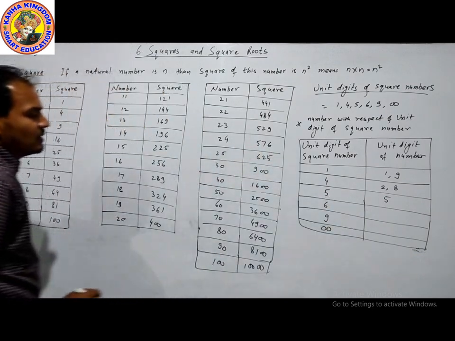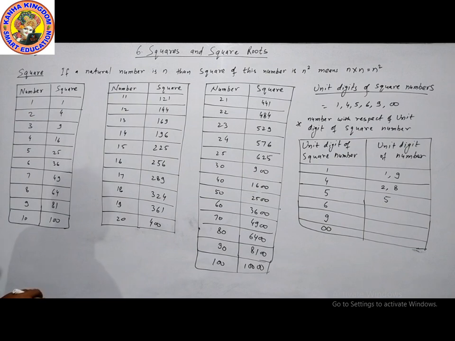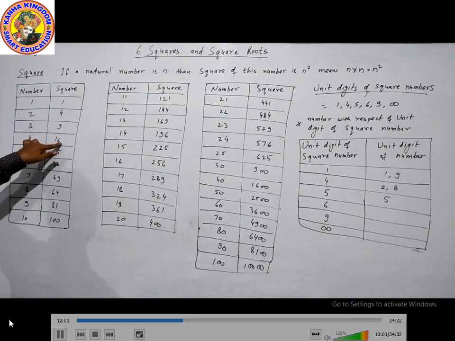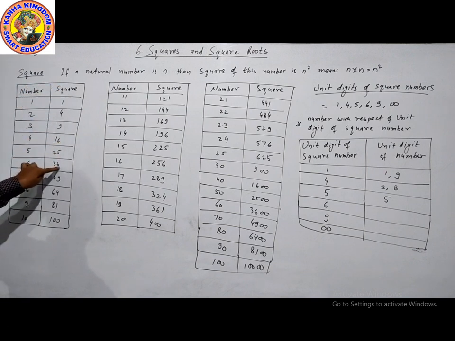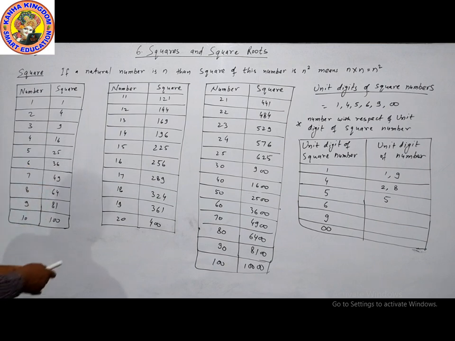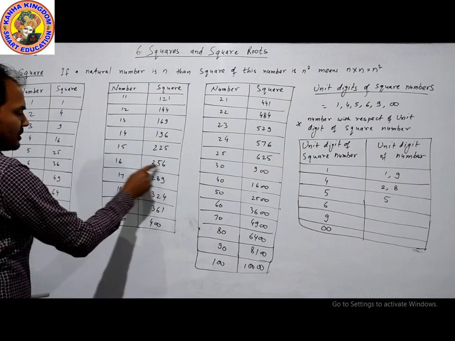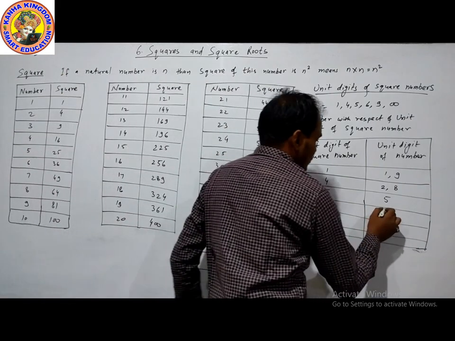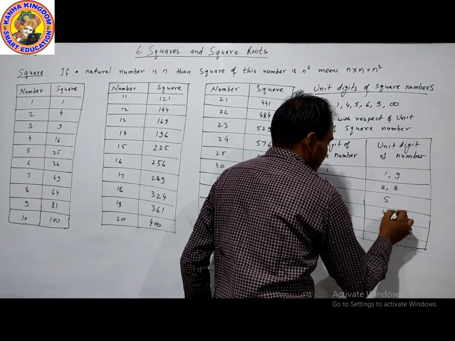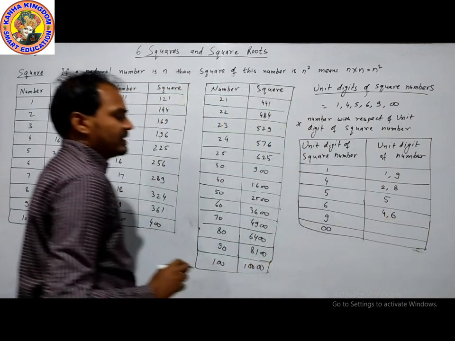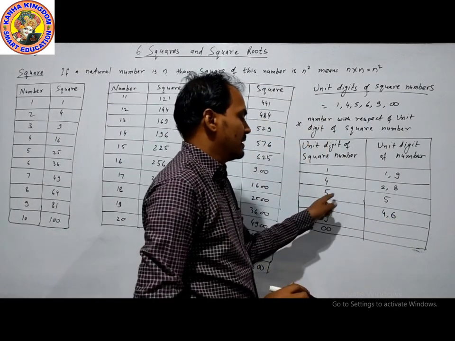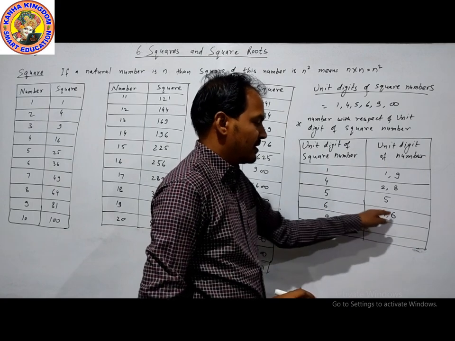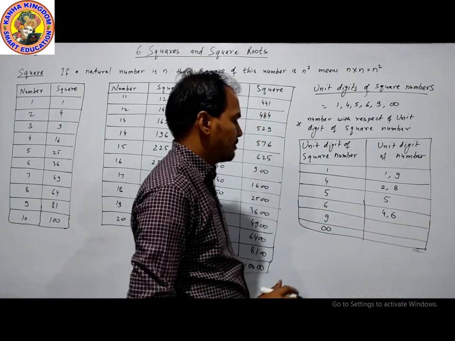How to get a unit digit of 6 in a square number? 6 is obtained from 4 and 6, because 4 square is 16 and 6 square is 36.